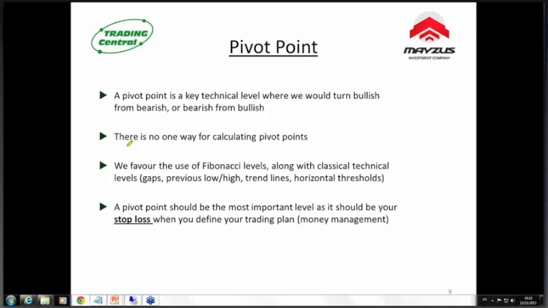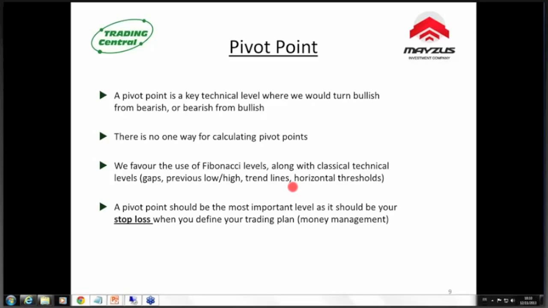But for us at Trading Central, I want to insist on that: a key pivot point is a key technical level. So we favor the use of Fibonacci levels, along with classical technical levels like gaps, the previous low or previous high, or trend lines, or horizontal support, or horizontal resistance.